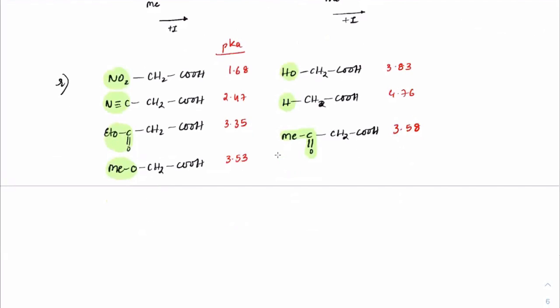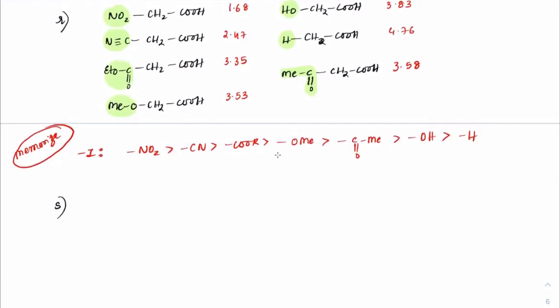Now check the order of inductive effect. If you check the minus effect here, you can see that NO2 is stronger than cyanide, then compared to COOR, right? Then compared to methoxide OMe. This is the only exception you will find here, with ketone Me, with OH and finally H. This will be the order.